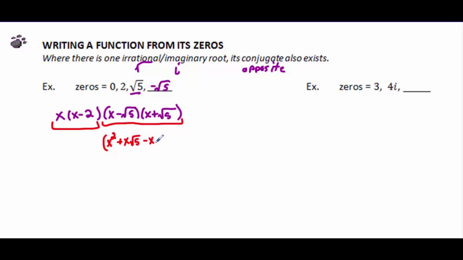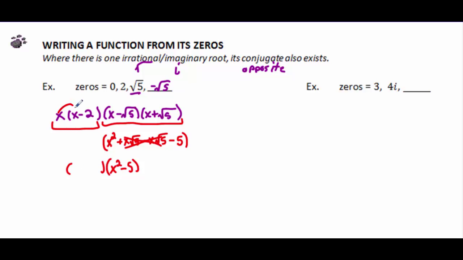We get this, and those are opposites of each other. So even though they're x's instead of numbers, those cancel. And then negative square root of 5 times positive square root of 5 is negative square root of 25, which is just -5. So this is x squared minus 5.